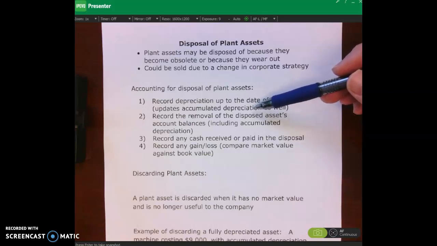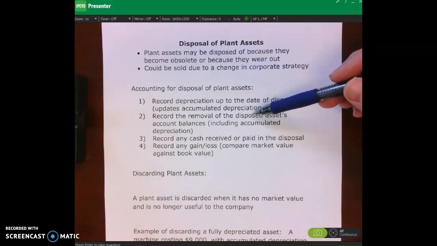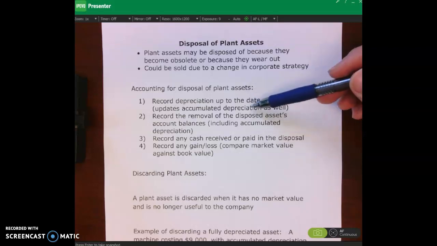So let's say we are going to dispose of an asset here in May of 2020, and the last time we recorded depreciation was as an adjusting journal entry at the end of 2019. So when I sell the asset, I have to do a journal entry to record depreciation expense from January through May of 2020. So I have to debit my depreciation and credit my accumulated depreciation up to the date of the disposal.